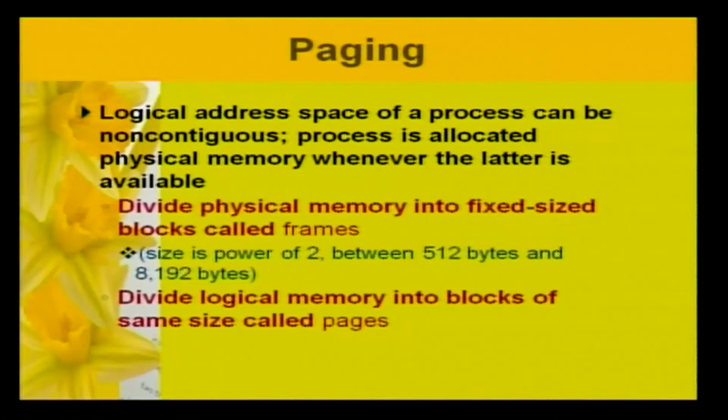However, the read and write operations both involve the address translation from logical to physical address, which is implemented by the paging mechanism. Pages are generally in terms of powers of 2, that is, between 512 bytes and 8192 bytes. This is the fundamental level of implementation of the paging scheme in any operating system.